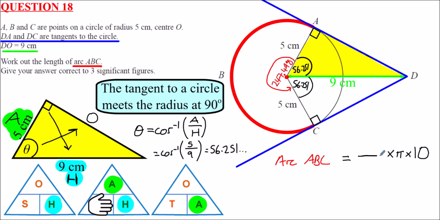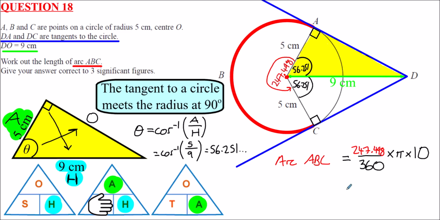So what fraction of a circle do we have on this side? Well, in a full circle, the total degrees at the centre is 360. So out of a total of 360, on the side where we want to calculate the arc, we have an angle at the centre of 247.498. Essentially the answer we've got stored on our calculator currently.